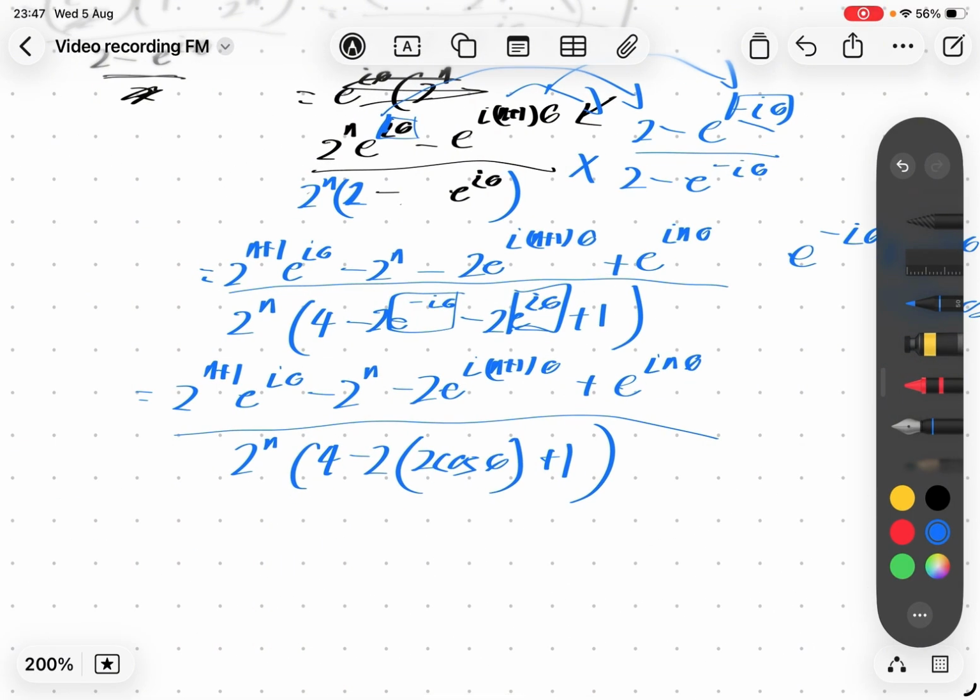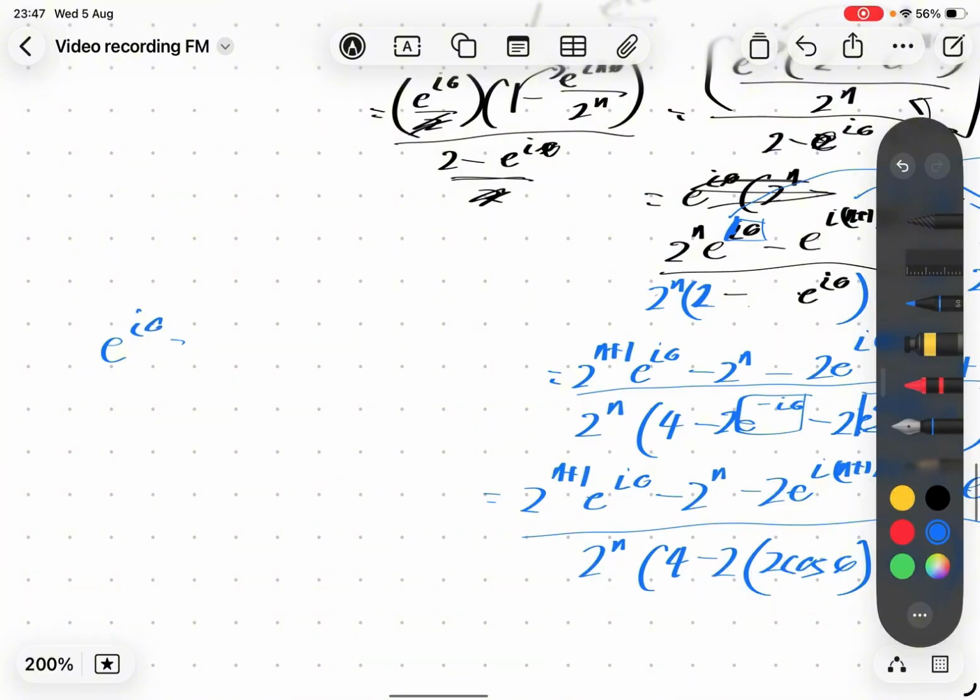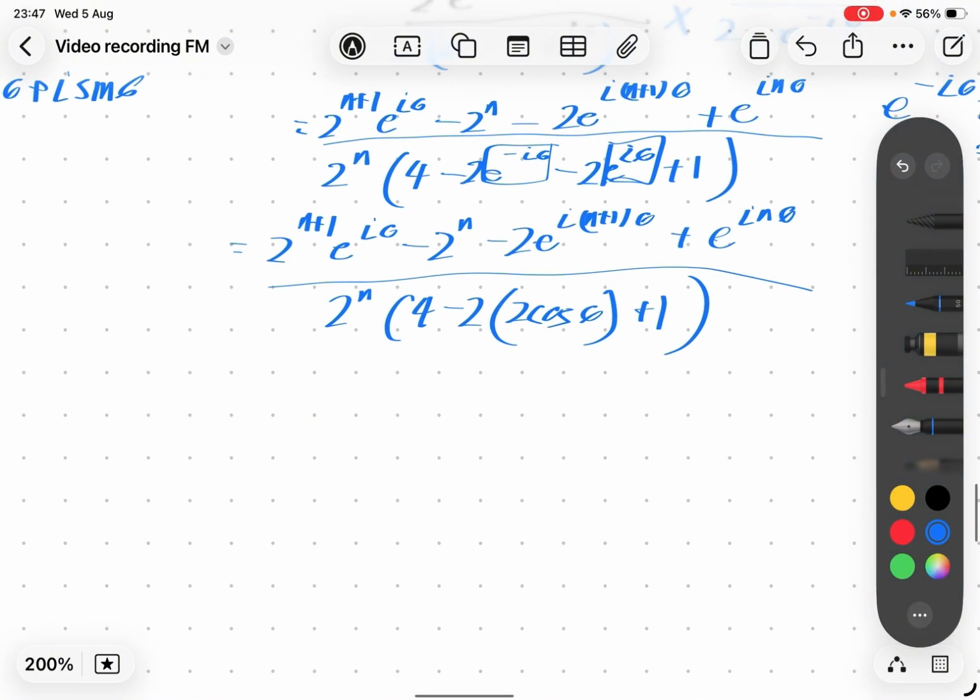And then we know that e^(iθ), I can convert it back to cos θ plus i sin θ and blah blah blah. So I just expand everything. Again, a lot of expansions.